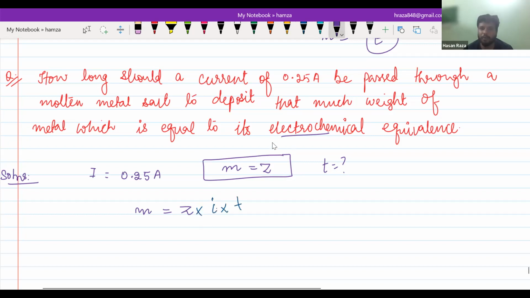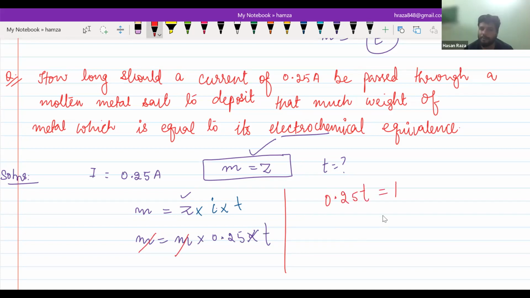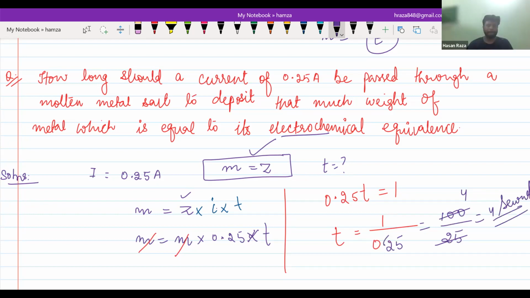Since w is equal to z, I'm going to write m in place of z, and I is given as 0.25, into t. So m and m will be cancelled. What we have left is 0.25 t is equal to 1. So time will be equal to 1 upon 0.25. If you remove the decimal, it will be 100 upon 25. So the answer will be 4 seconds. Yes or no? Yes, sir.